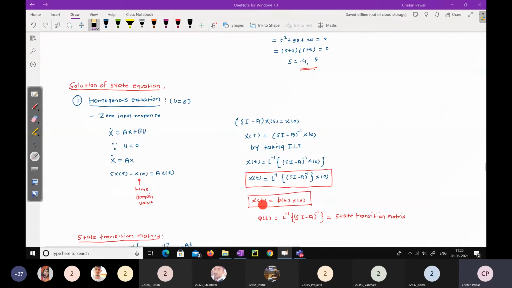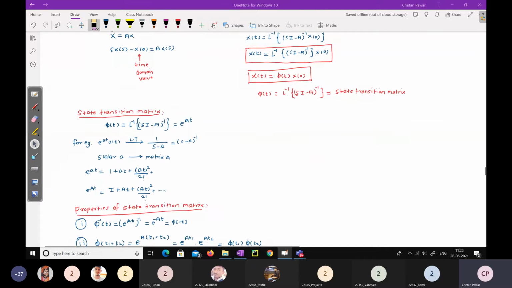This particular term phi of t is called the state transition matrix. So let us see the state transition matrix. Phi of t is equal to this term. I can represent this term as e raised to A into t, where A is the system matrix. Why have I put it like this? If you see the term e raised to at into u of t, and take its Laplace transform, that will be 1 upon s minus a, so that will be (s minus a) inverse.